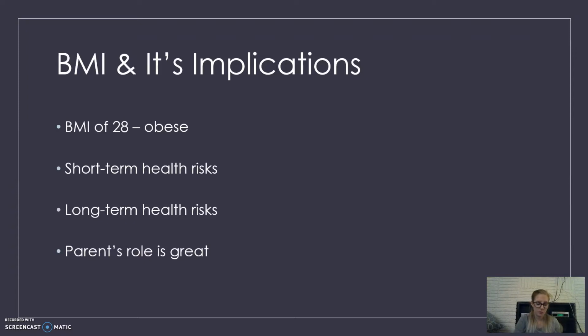Some of the short-term health risks for obesity are sleep apnea, intracranial pressure, and gallstones. That can be an immediate risk as well as short-term. So as an adolescent reaches the categorization of obese, they can start to see some of those issues. Some long-term things are increased blood pressure and serum cholesterol, as well as increased sodium sensitivity.